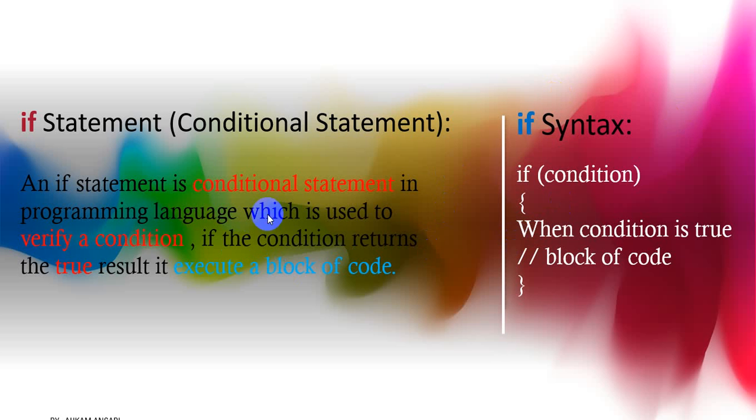We have seen that an if statement is a conditional statement in programming language which is used to verify a condition. Inside if we write a condition and check if the condition returns a true value. If the condition is satisfied, then it will execute a block of code, and that block of code is written over here. This is compulsory: inside the round brackets you have to put a certain condition, and it will check the condition.